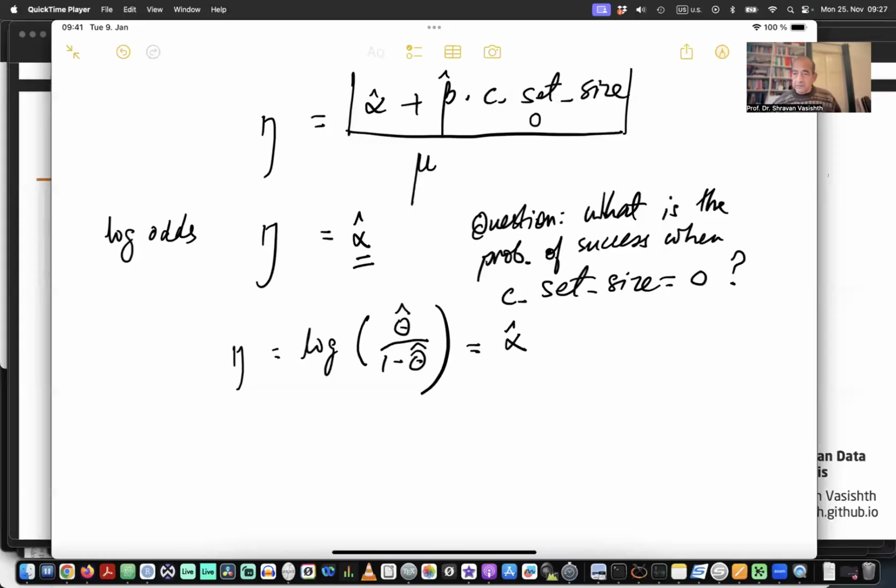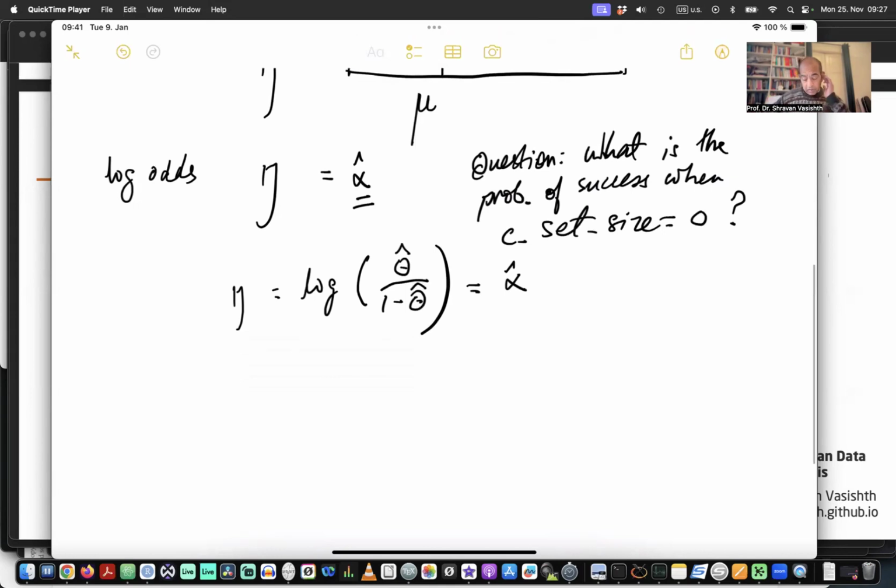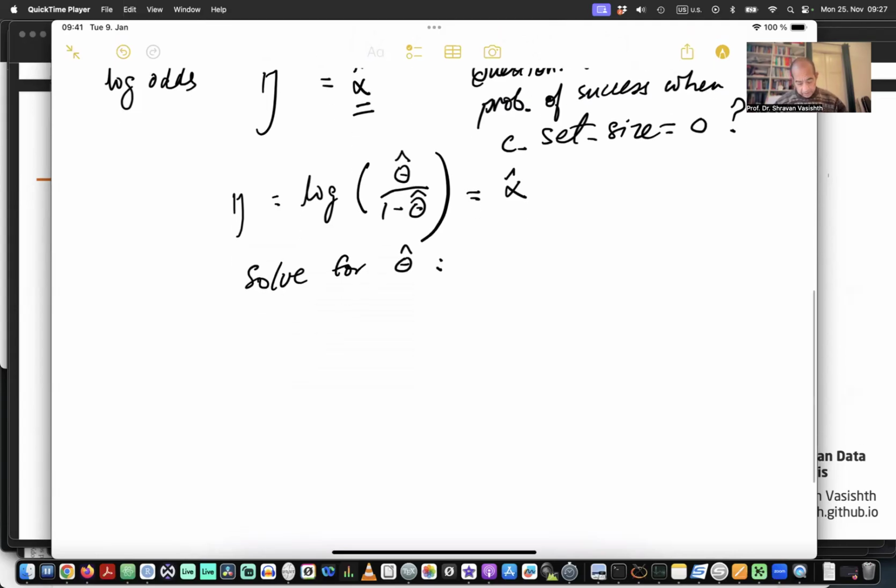Alpha in the Bayesian framework, the alpha hat, is going to be a vector of posterior samples. Okay, so we're looking at, let's say, 4,000 samples of alpha hat here, which represents the posterior distribution. So I'm working with a vector of posterior samples, but the equation still holds. So what I'm going to do is solve for theta hat.